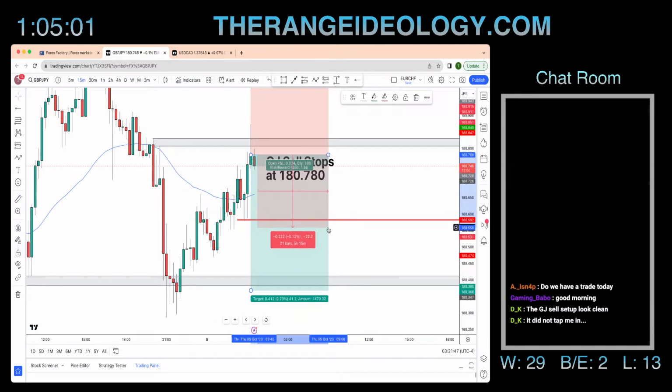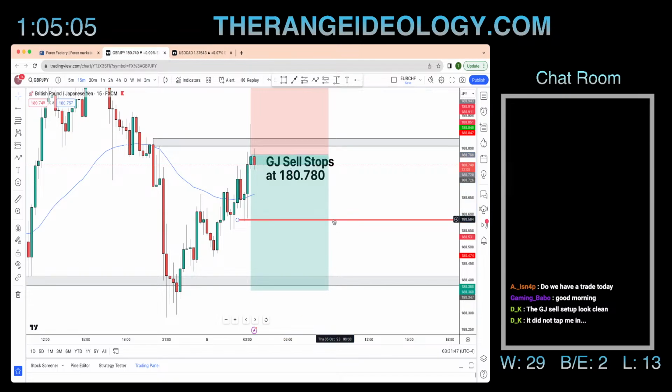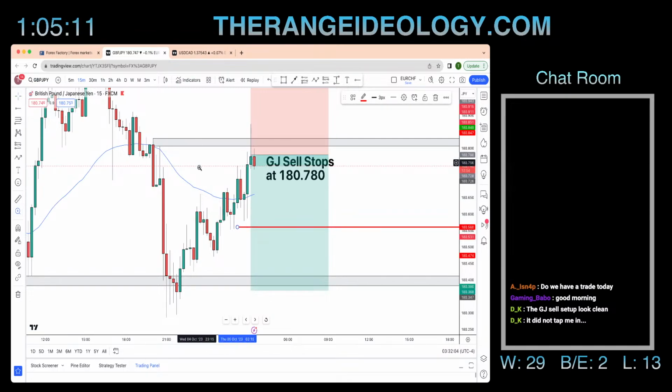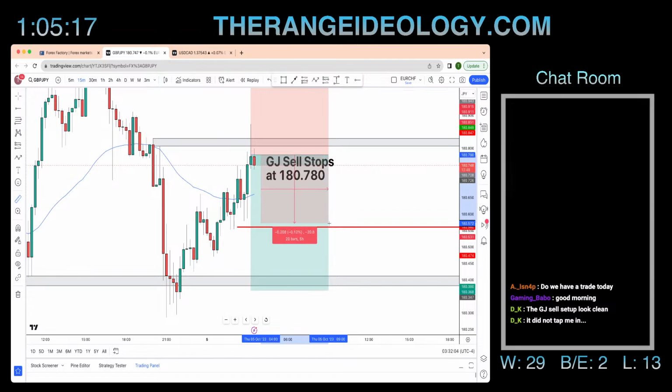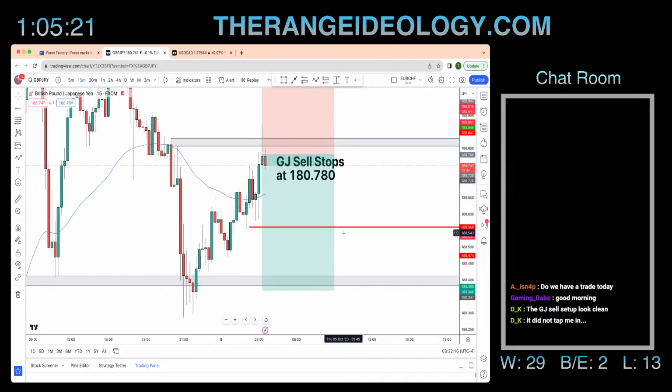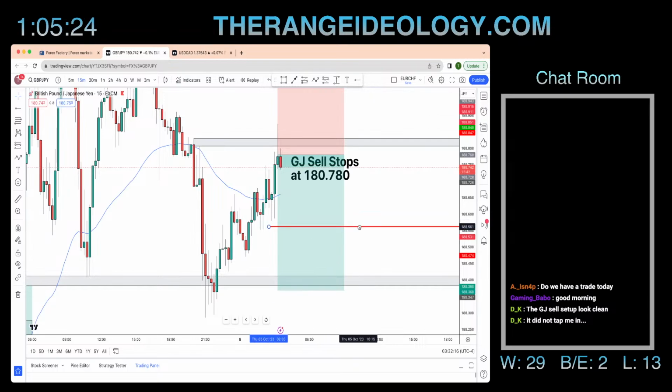So 180, what is this? 558. 560, let's see. So yeah, that's 22 pips, and that would be TP1.